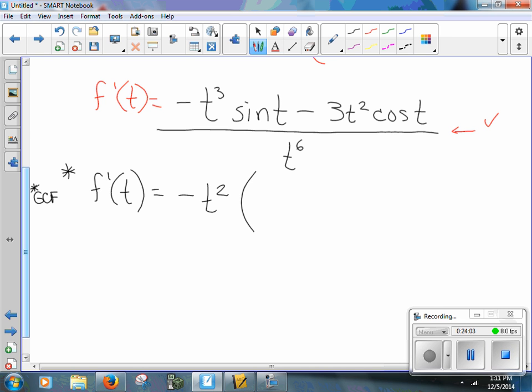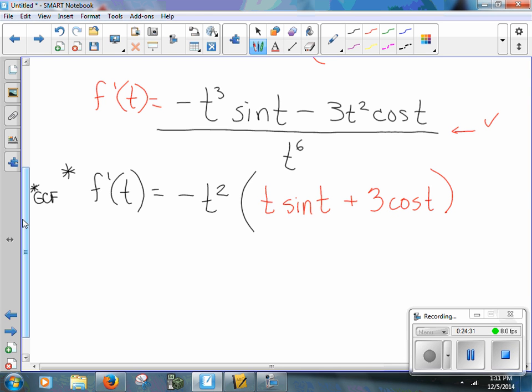But if it were multiple choice, there's going to be a better solution as an A, B, C, D, or E choice. So, negative T squared times what is negative T cubed sine T? T sine T. Plus 3 cosine T. Now, go back and check it real quickly.